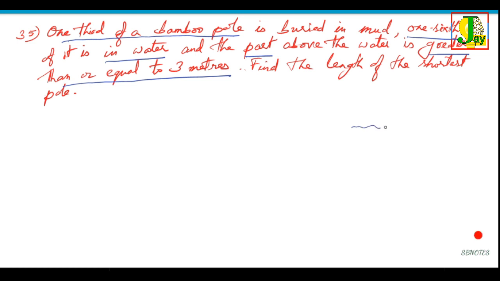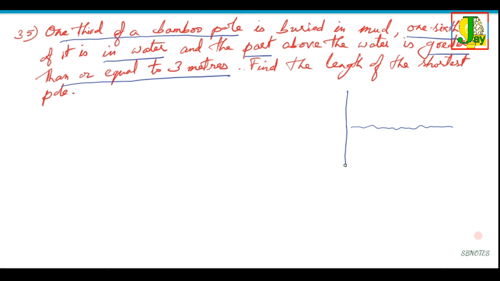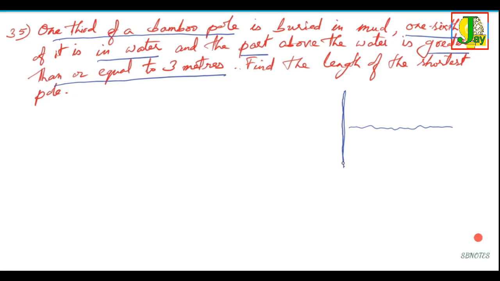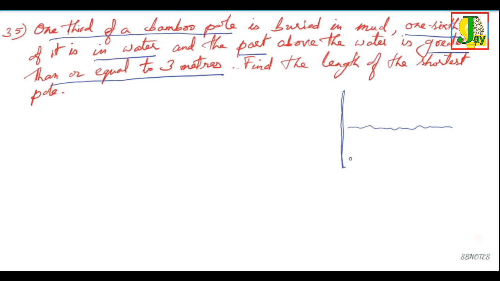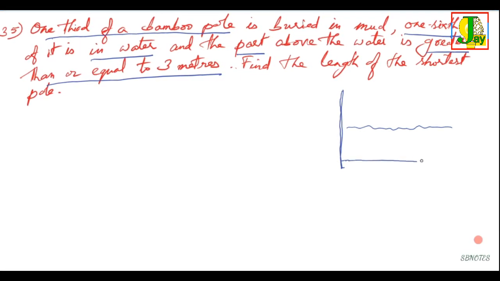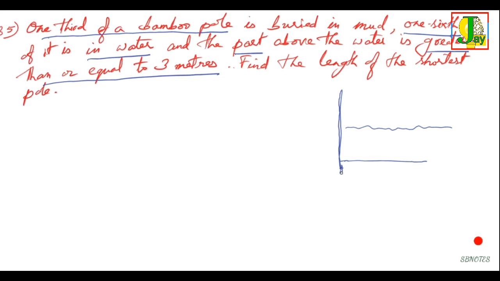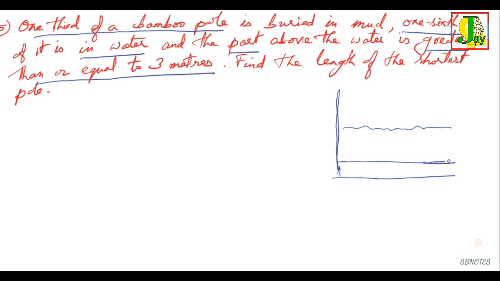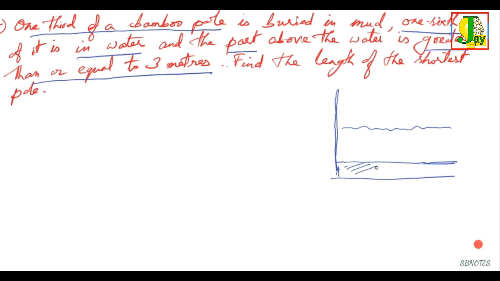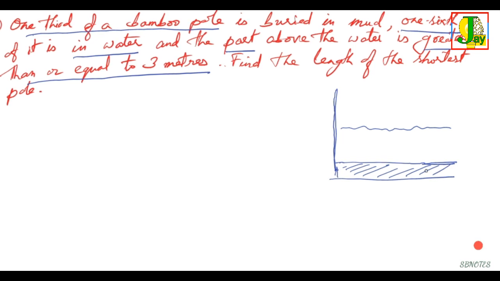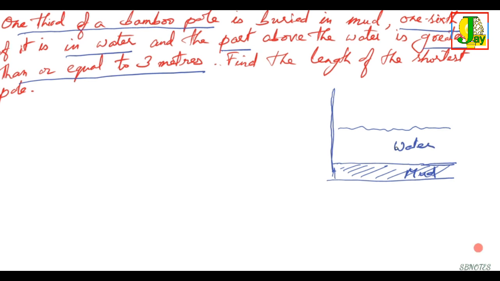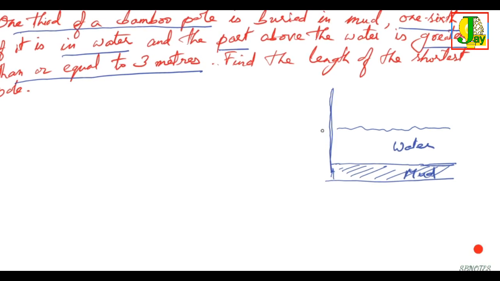Say this is the water level, this is the pole, and this is the muddy part, the bottom of the water level. So this is mud, this is water, and this part is above the water.